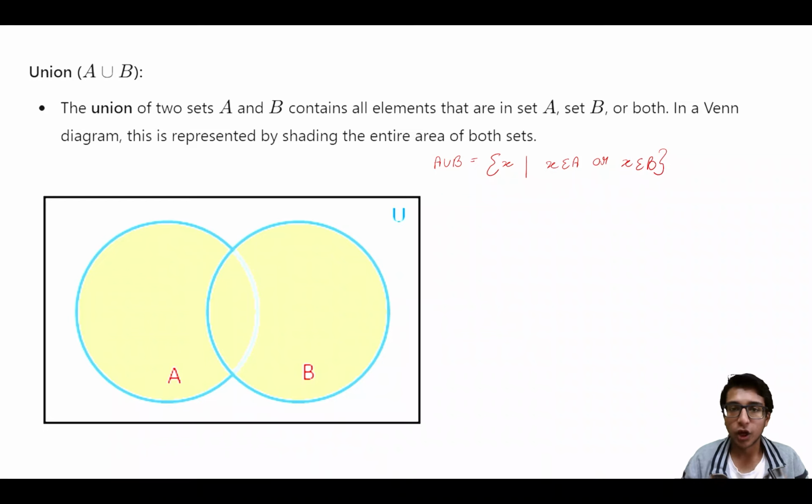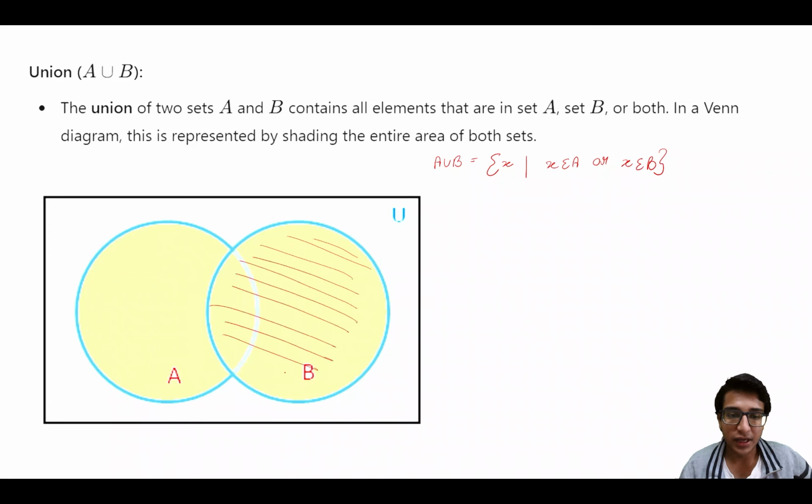So x can belong to either A or B, that means either of these two cases can be taken. If I shade the portion in my Venn diagram, this entire portion, the one shaded in yellow, becomes my A union B.